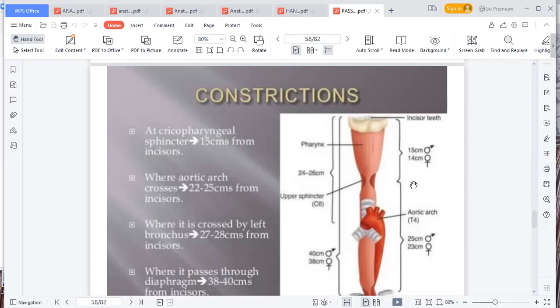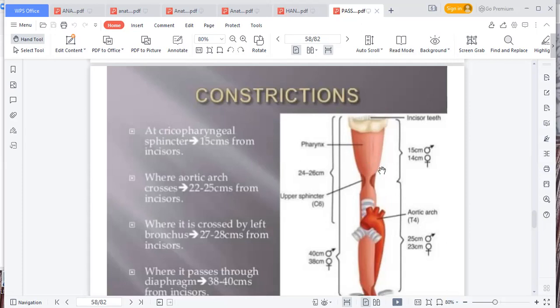So you've got what you call the esophagus. There's the upper esophageal sphincter and the lower esophageal sphincter. The upper one is also called the cricopharyngeal sphincter, which is 15 centimeters from the incisors, the teeth. But just know that the upper esophageal sphincter at C6 marks the first constriction of the esophagus, and that anatomical constriction is normal.